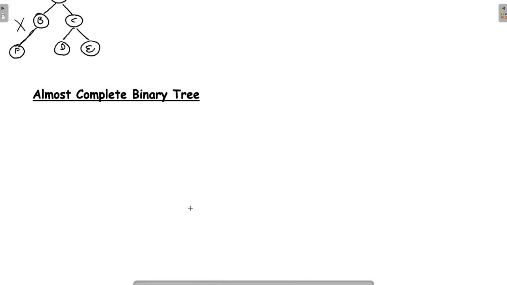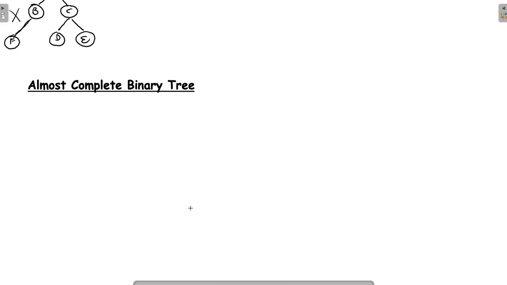Now let us discuss another type, that is the almost complete binary tree. It means you have to follow a certain order of filling levels.